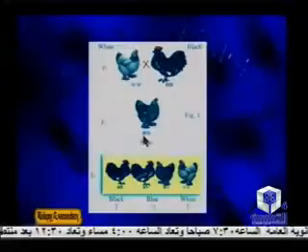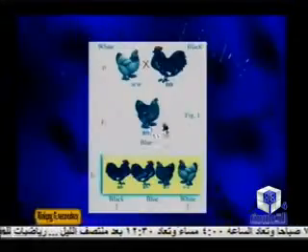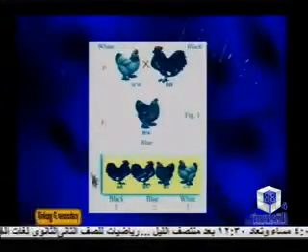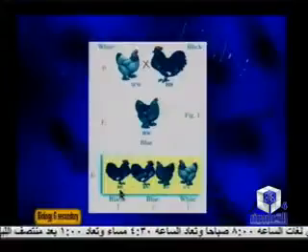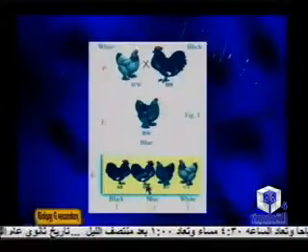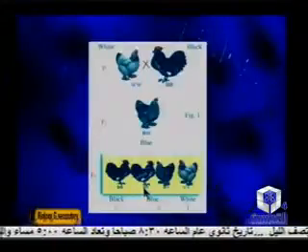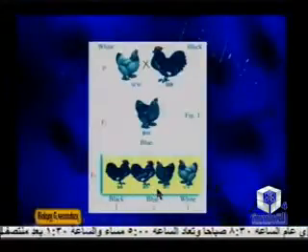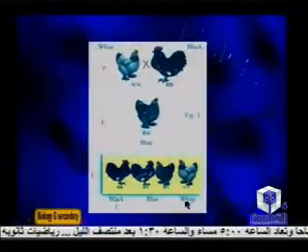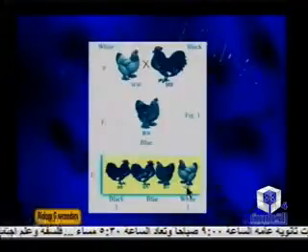In the second generation, if two blue are crossed together, we find in the second generation a black, which is 1, and this is BB capitals, while the two blue each have the genotype B capital, W capital, and the last one is the white, which has WW capitals.